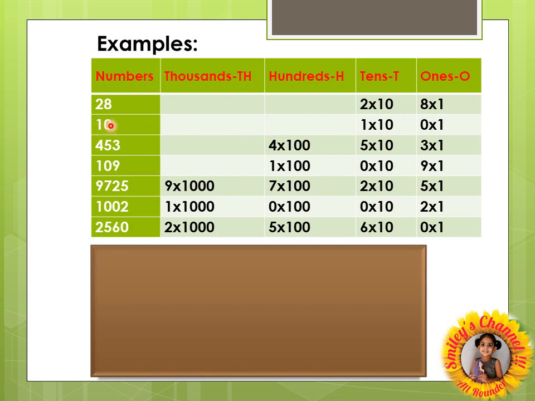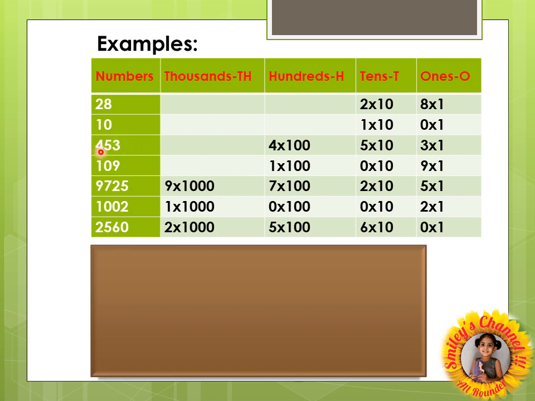Here again, when you have 0, what to do? You will get a doubt. That is the reason I have taken the number 10 here. So ones place and tens place. Again, 1 is in which place? Tens place. So 1 into 10, and 0 is in which place? Ones place. So 0 into 1. It is the same way with 3-digit numbers or 4-digit numbers or anything.